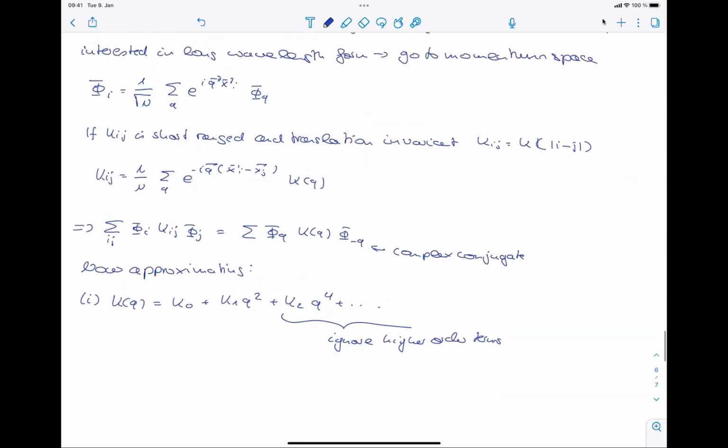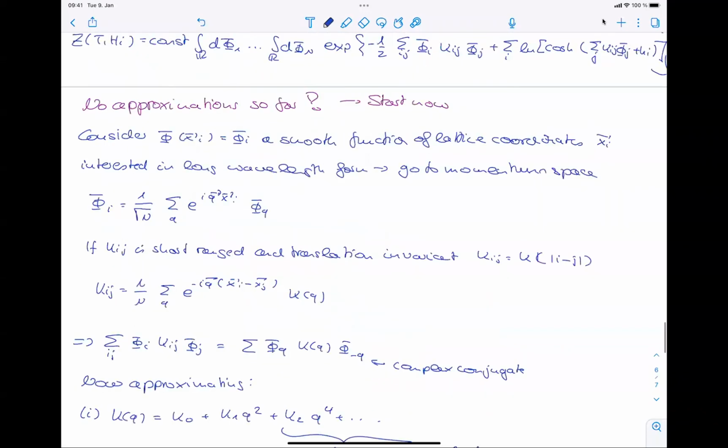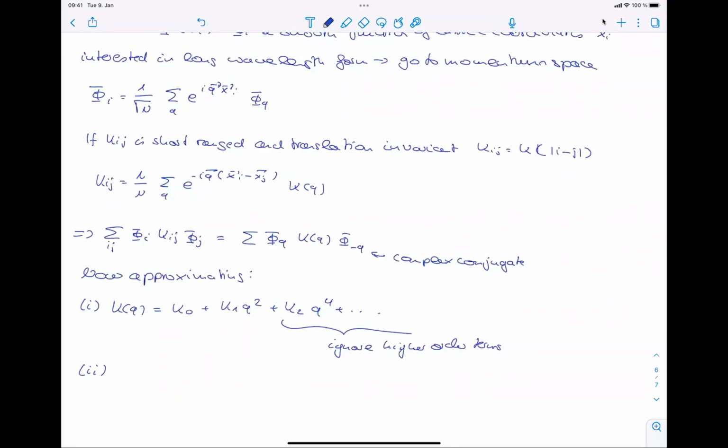Okay, and then the second approximation that we're going to do is dealing with our stupid ln of hyperbolic cosine that is bugging us all the time.